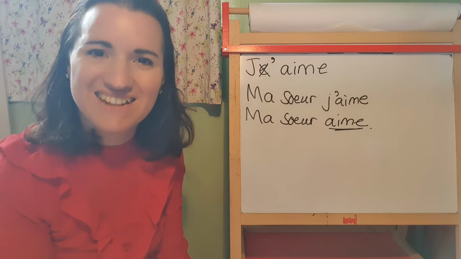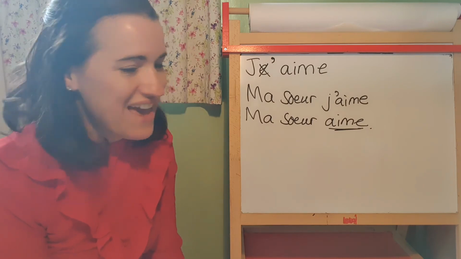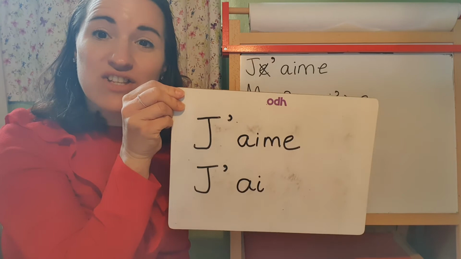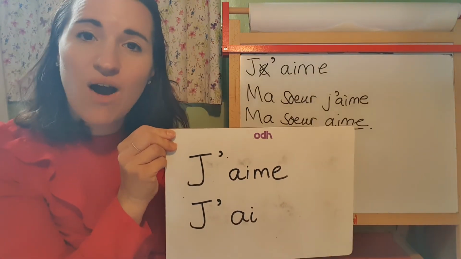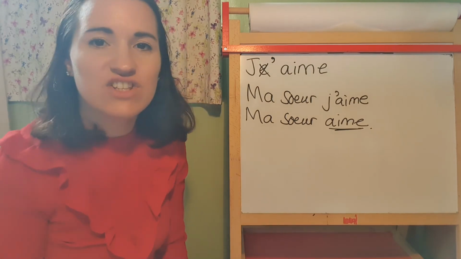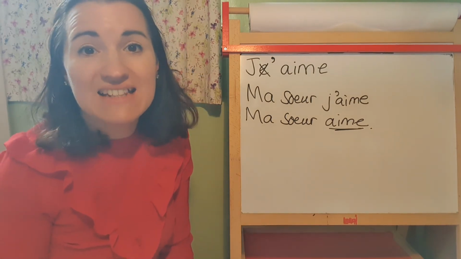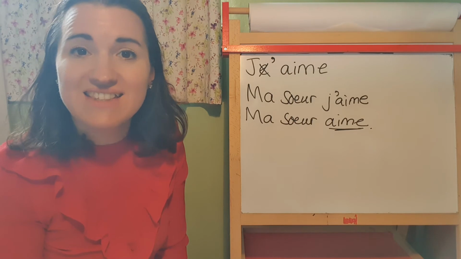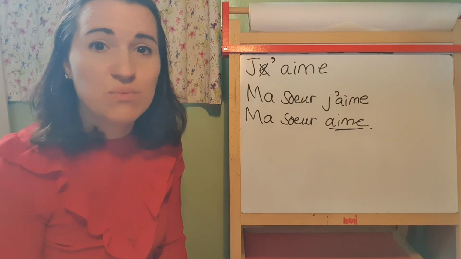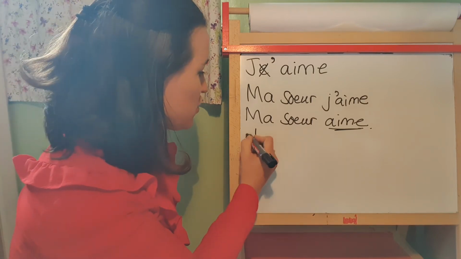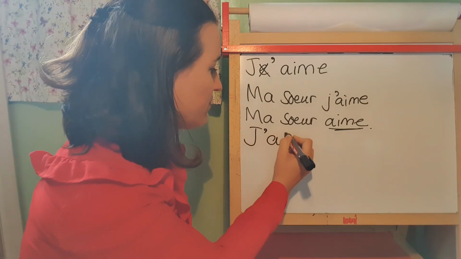My sister likes. Okay, if we come back to the original two statements that I used at the beginning, j'ai, another really common phrase in French, means I have. And again, if you want to use this in the third person, you're going to have to get rid of the bit that means I. So we don't need the je. So j'ai, I have.